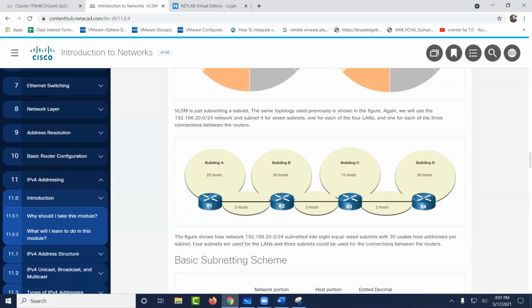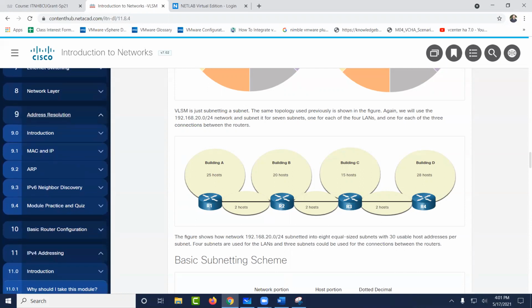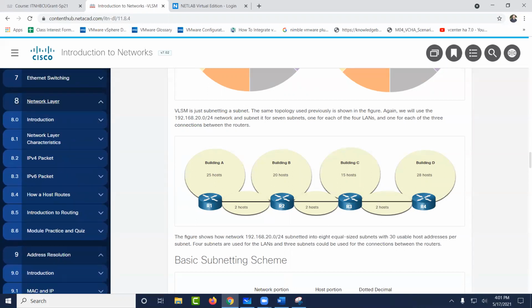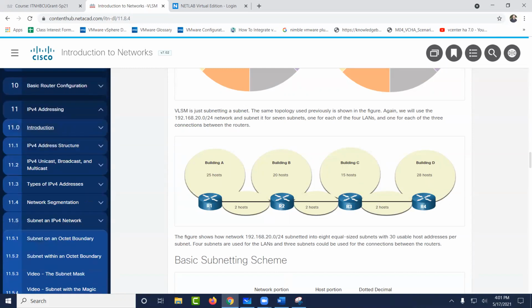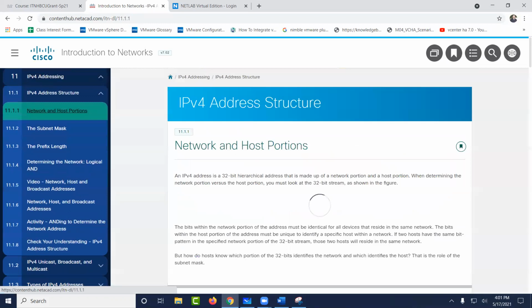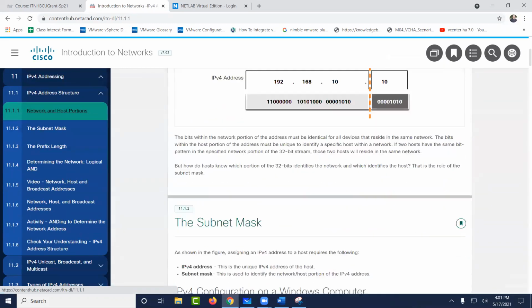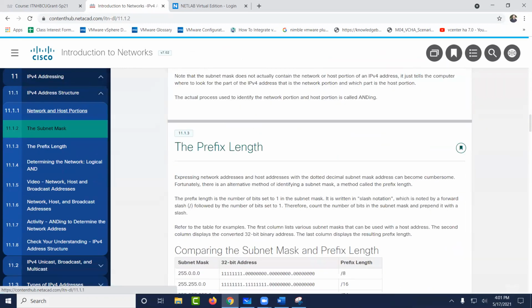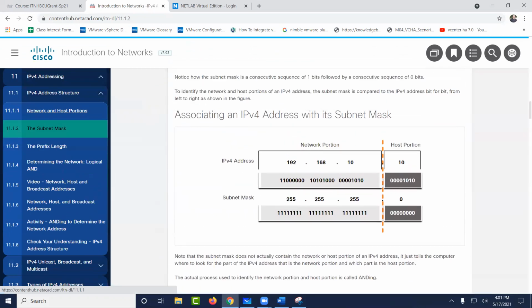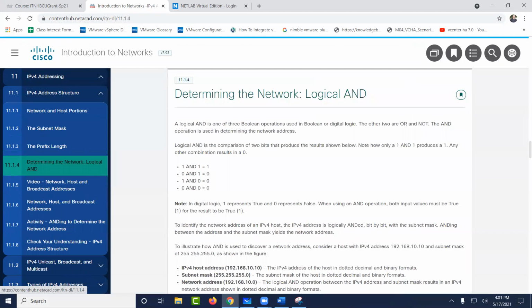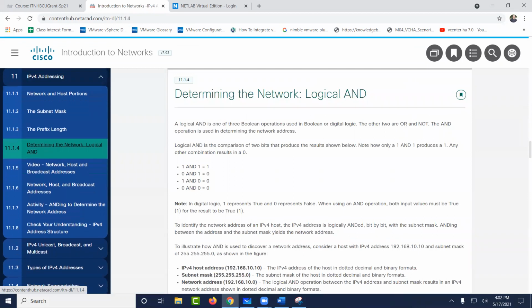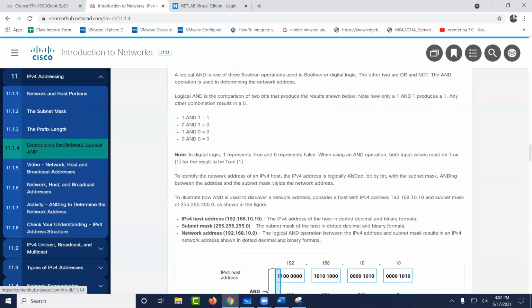I know we covered it. I think it was right here. Yeah, right here, 11.1.4. So it's in this same section. So it is covered. Yeah, we went over it last week, talking about ANDing.